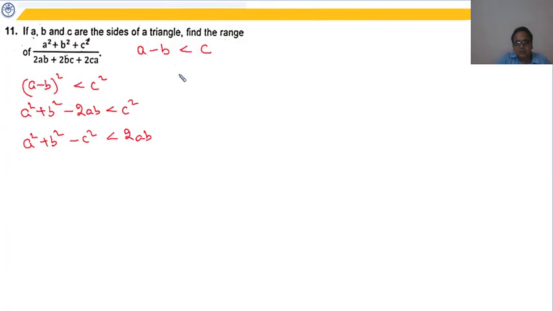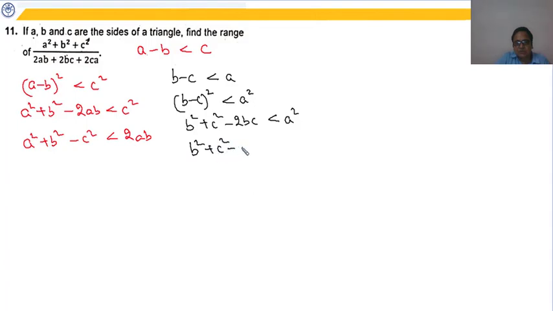Similarly, b minus c is less than a, so b minus c whole square is less than a square. That is b square plus c square minus twice bc is less than a square. You can say it's b square plus c square minus a square is less than twice bc. We take this first as equation 1, this as equation 2.